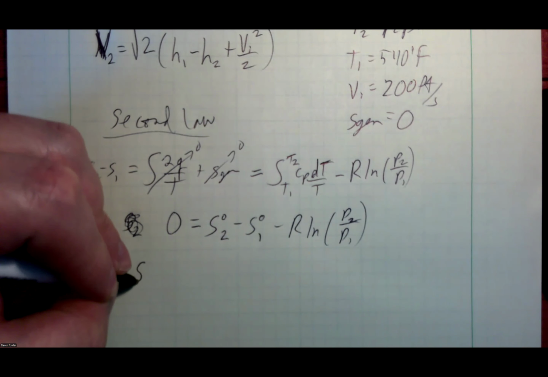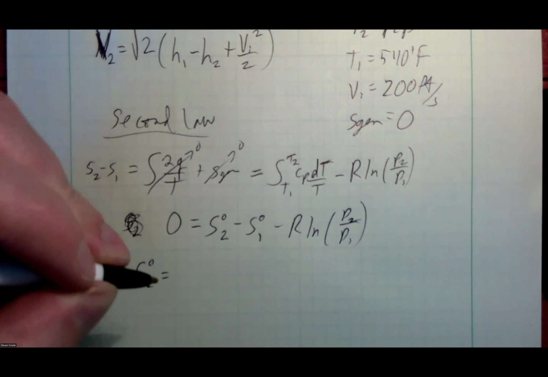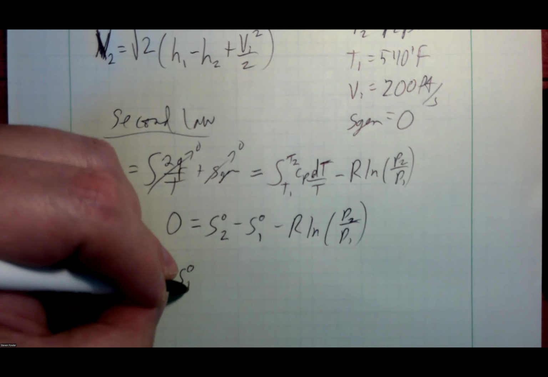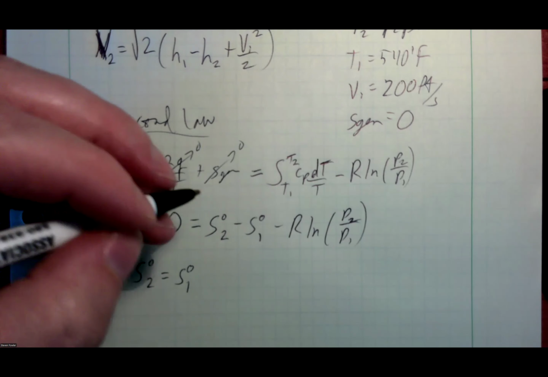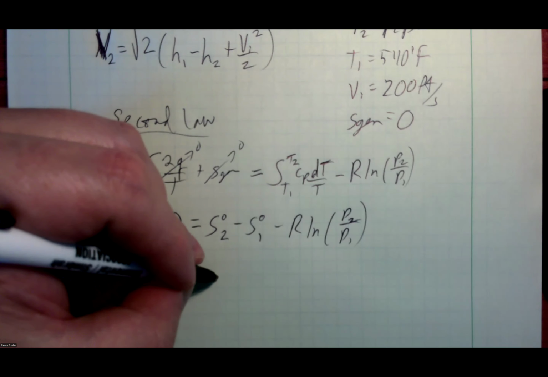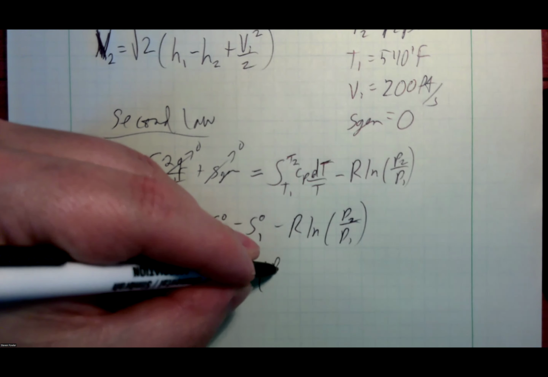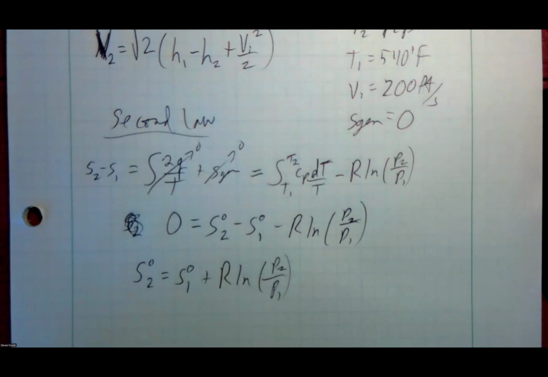Then I can solve for S naught 2, because I can find S naught 1 since I know T1. T1 will give me S naught 1. It's a table property. Plus R ln P2 over P1.